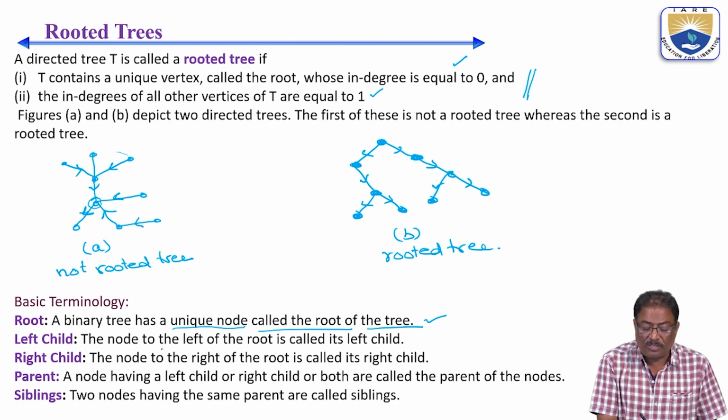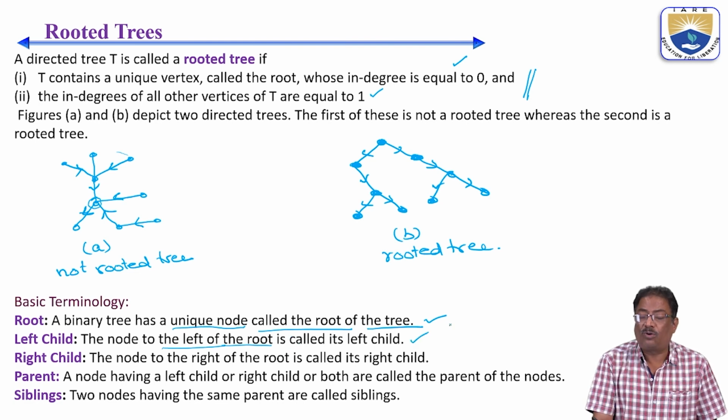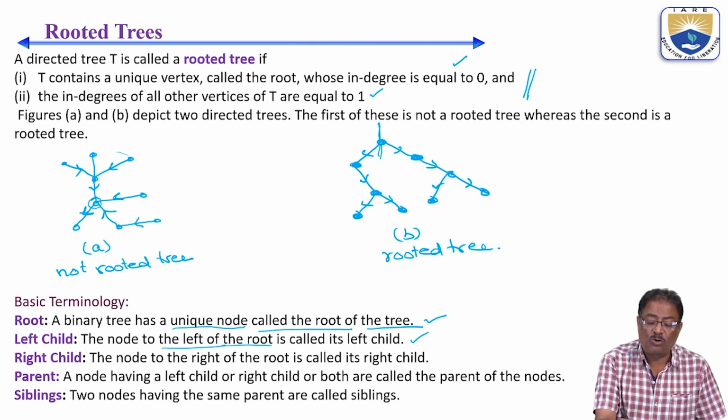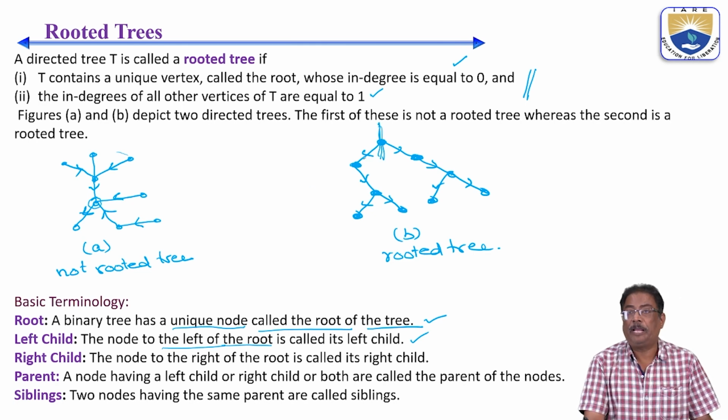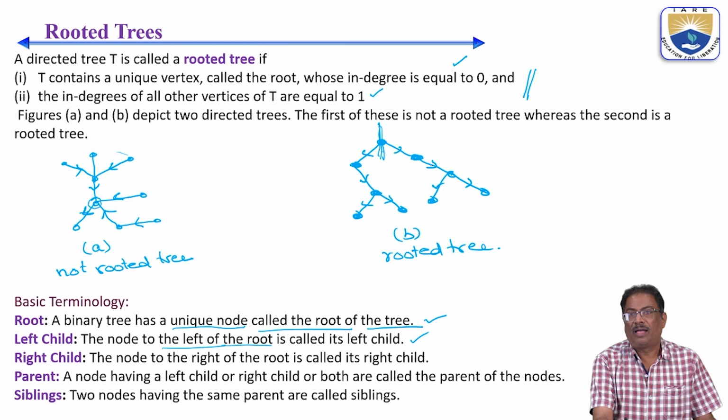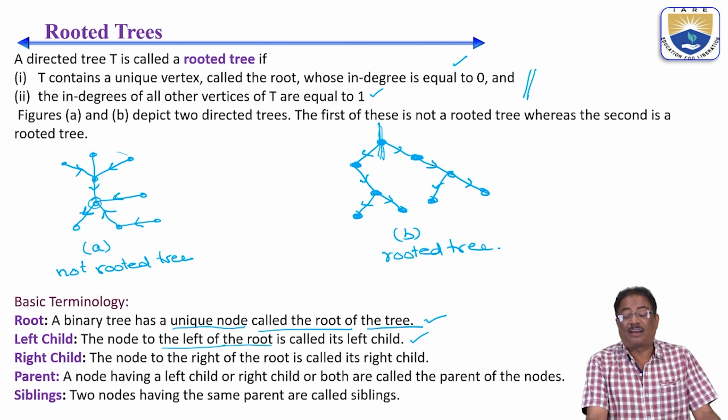A node to the left of the root node is known as a left child. This is the root node, and the node to the left of the root is a left child. The node on the right side of the root node is called the right child.